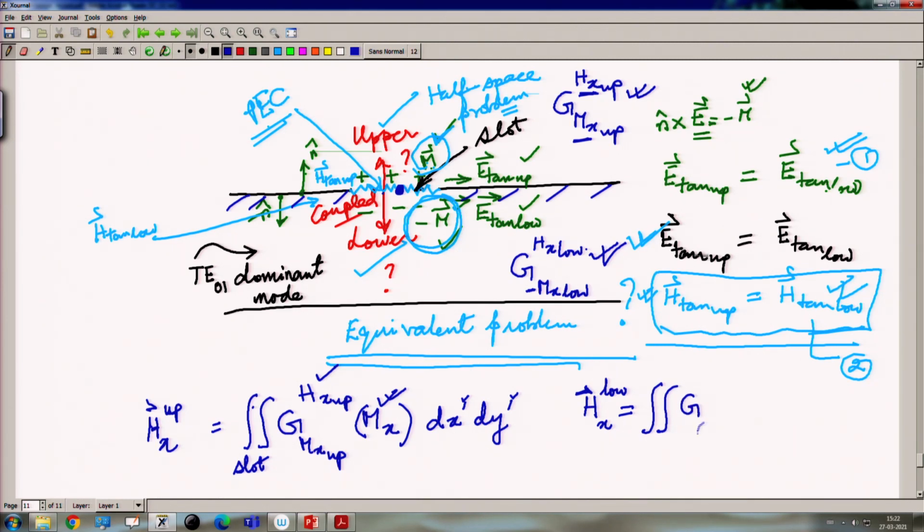double integral Green's function minus Mx, Hx low, minus Mx dx prime dy prime over the area of the slot.